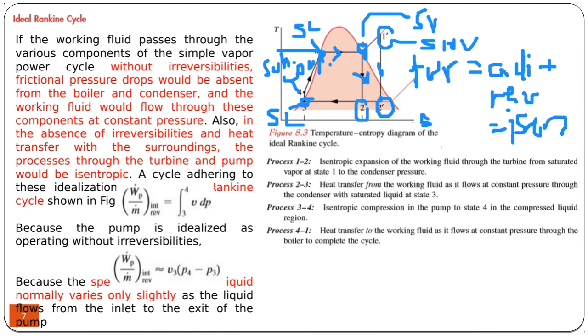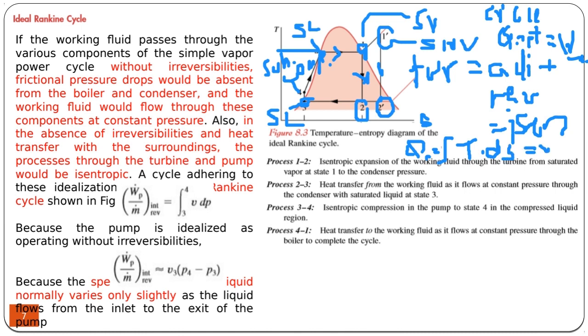In a cycle, remember that net work is equal to net heat. And here, the area under the TS diagram is just net heat. So Q net is obtained from the area under the TS diagram, which is also equal to net work.